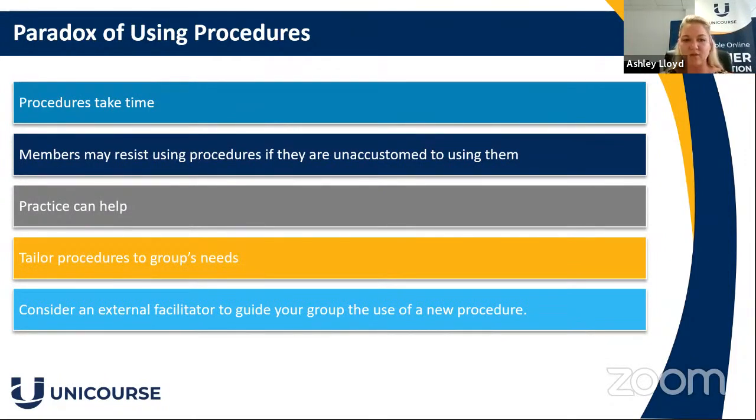So it's important to tailor the procedures to the group's needs. Also, some organisations, especially larger organisations, use an external facilitator to guide the group. That can be useful, even if it's just an external facilitator within the organisation who's not part of the problem, or who doesn't have a direct say in how the problem is going to be solved.